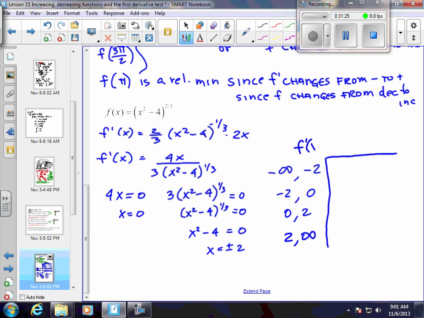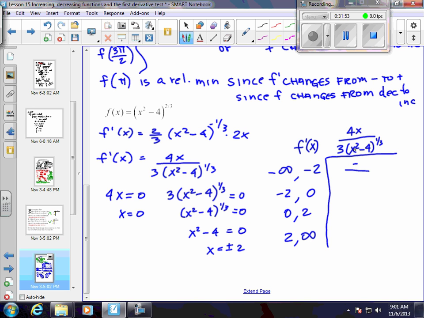And we are checking to see where the derivative is positive so that we'll know the function is increasing, and where the derivative is negative to know where the function is decreasing. Then we can use the first derivative test to identify the extrema. So if I pick a number like -6, the numerator is negative.